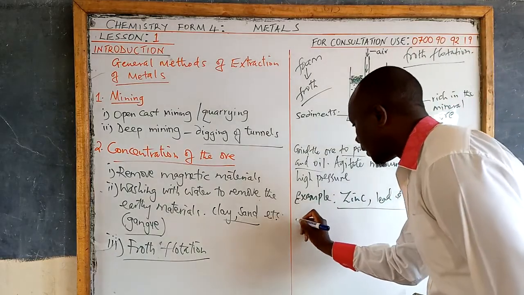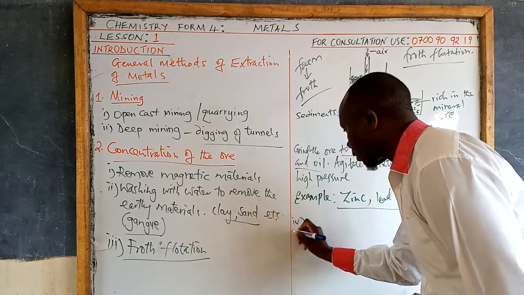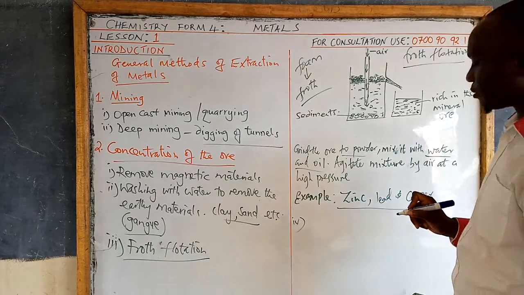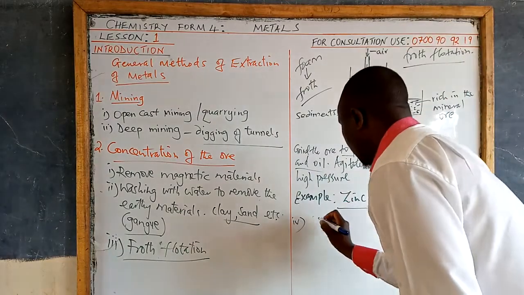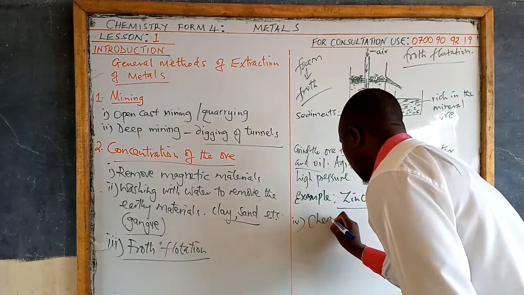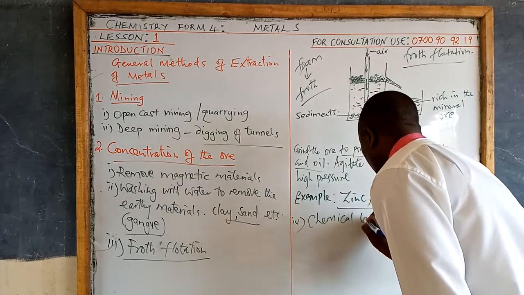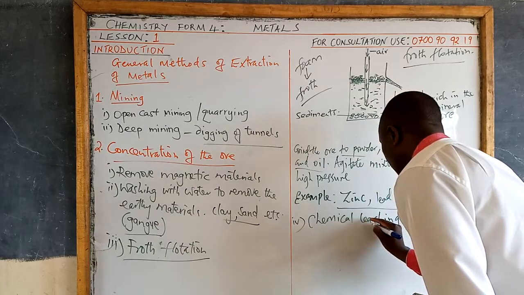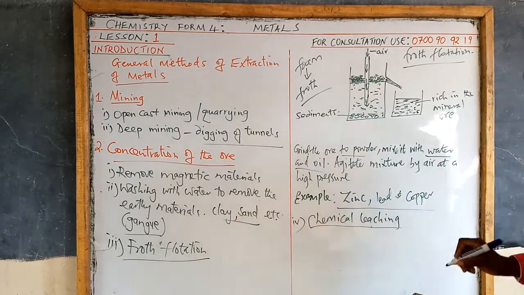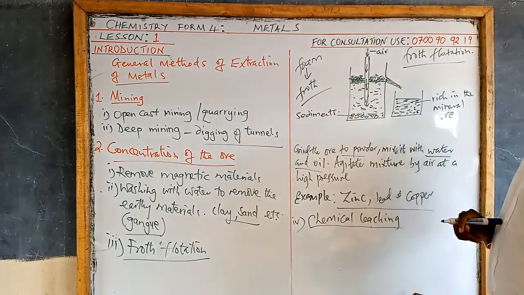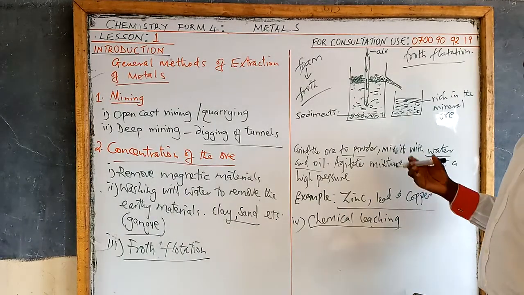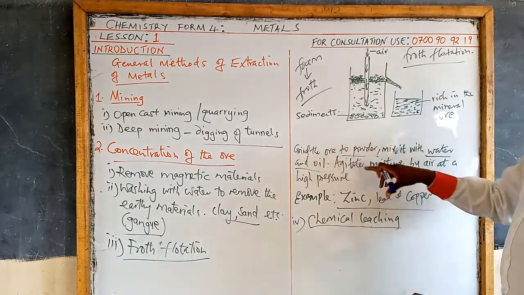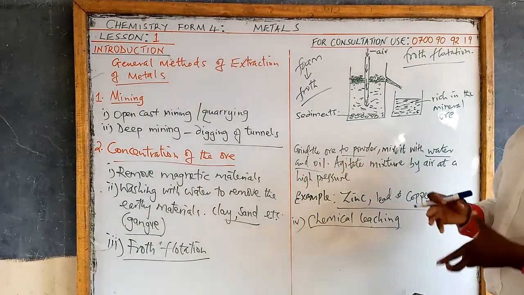And then the other method of concentrating, if you don't use froth flotation, is what we call chemical leaching. In this process, a suitable solvent is used, and the ore, after being ground into powder, is dissolved.